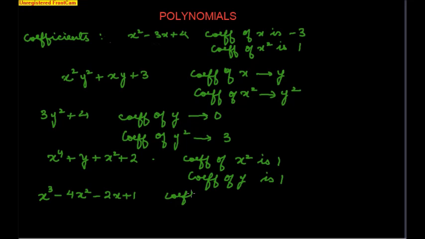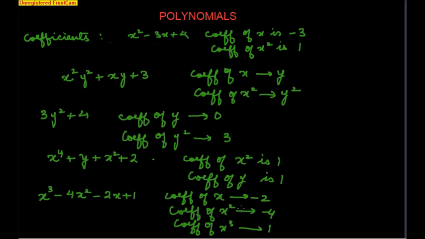The coefficient of x is minus 2, the coefficient of x square is minus 4, and the coefficient of x cube is 1. And the constant term here is 1. These are the terms which have no variable, and these are known as the constants.